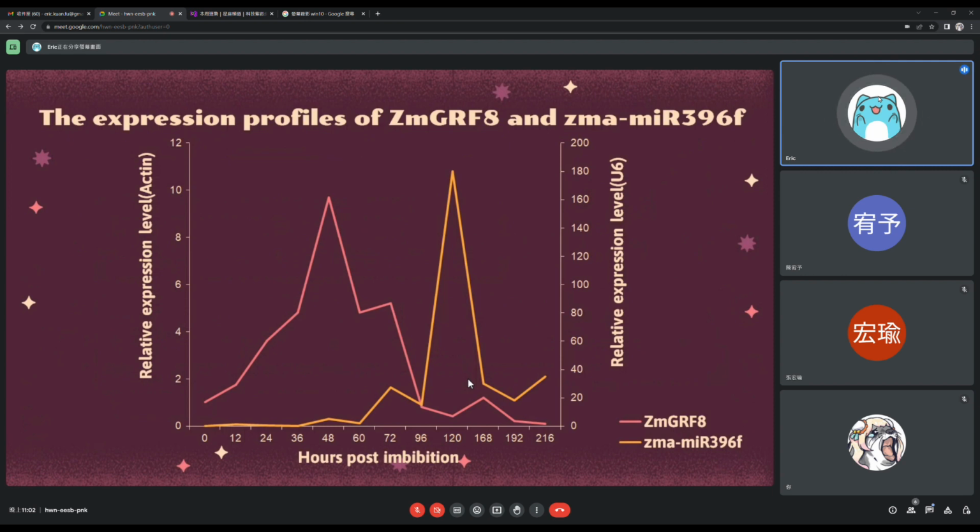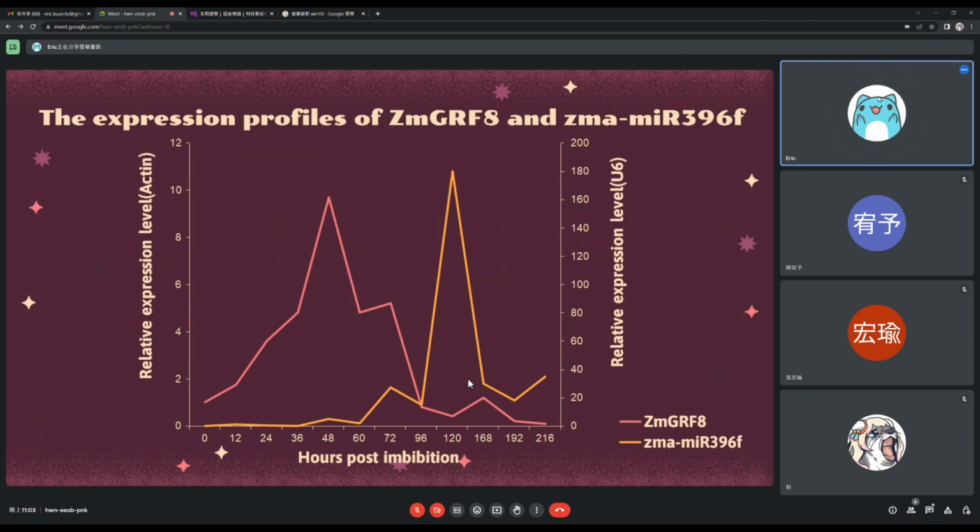According to this graph, it shows the ZmGRF8 and its potential microRNA regulator, ZMA-MIR396F, in developing maize leaves at 48 and 120 hours post-imbibition.